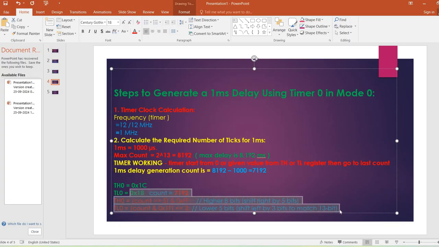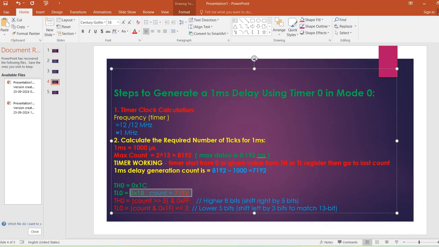Simplest for the user: take a count variable, and TH0 will be the count shifted right by 5 and ANDed with 0xFF. That means it loads the upper byte, then the lower byte is loaded with count AND 0x1F, for the lower 5 bits of the register.